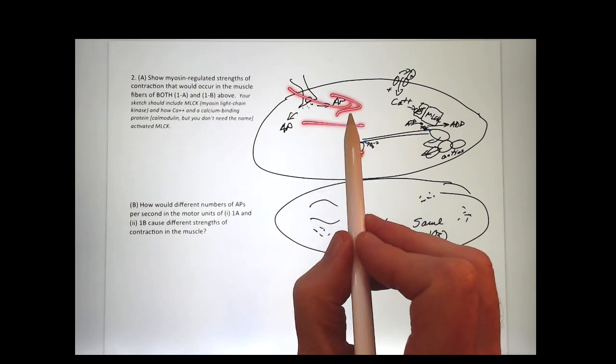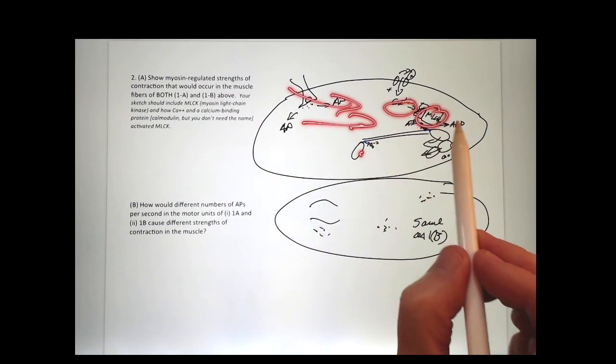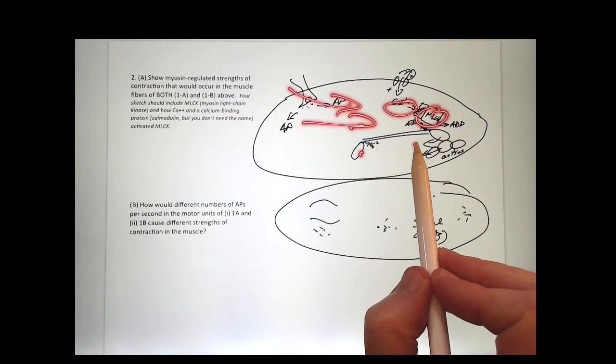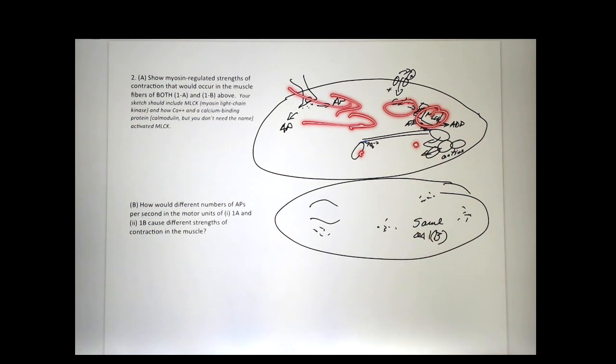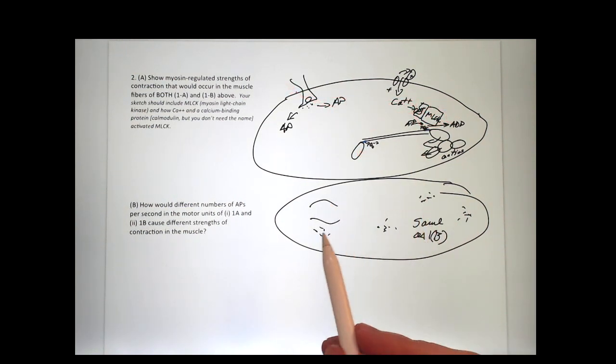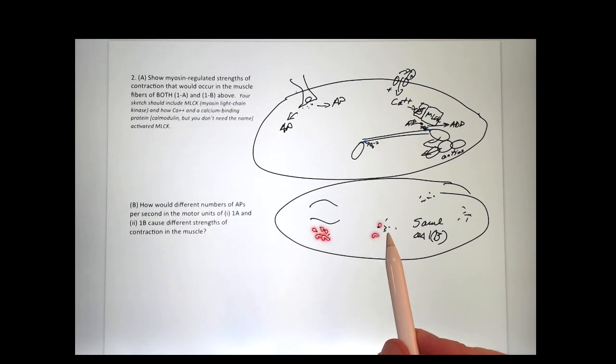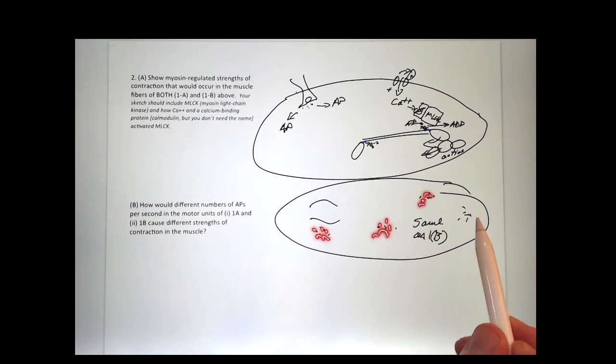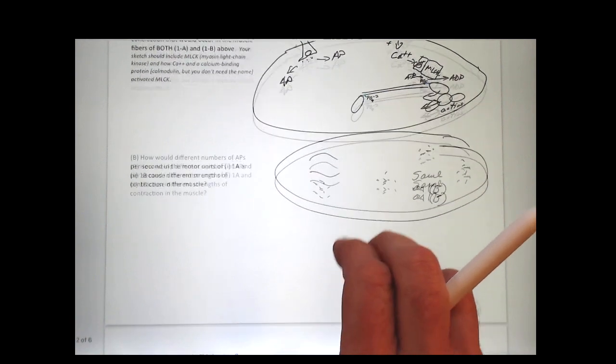With more action potentials per second, you get more calcium, more MLCK, and you might activate every single one with enough action potentials and have a full strength contraction. Here, each action potential releases a little more neurotransmitter at each site, but again, each action potential gets you a little bit more calcium and more myosin light chain kinase.